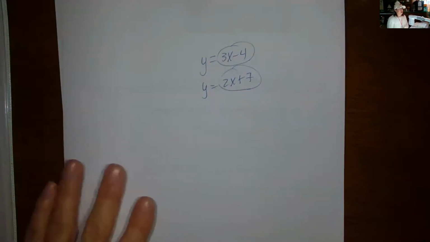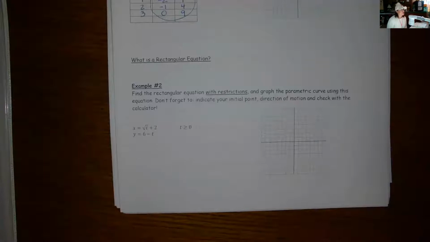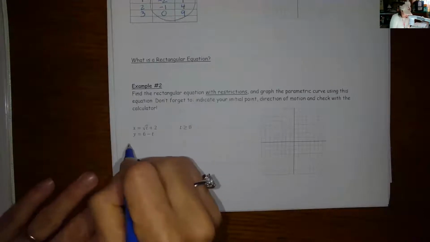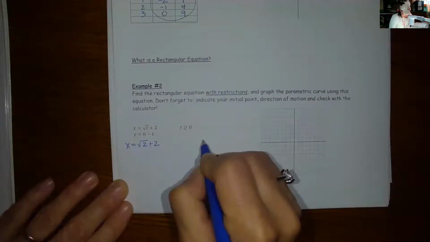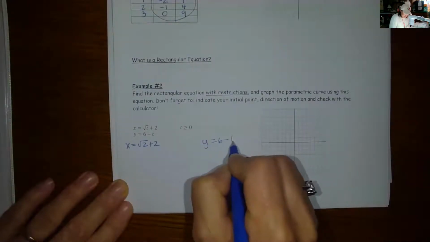They were equal to each other. So we need to get these equations equal to the same variable. So what variable are we going to get them equal to? T, of course. So I'm going to write this here. I'm going to write that over there.